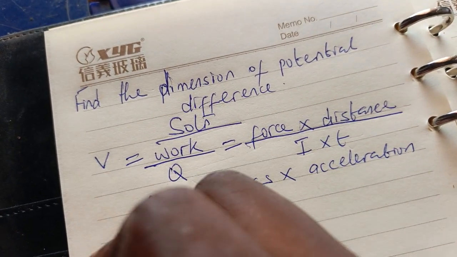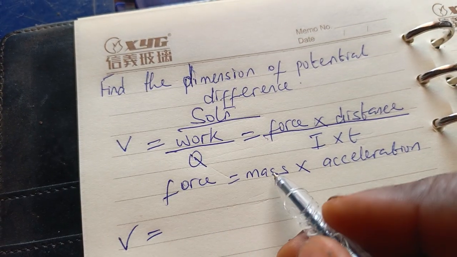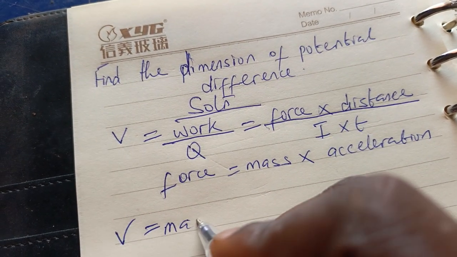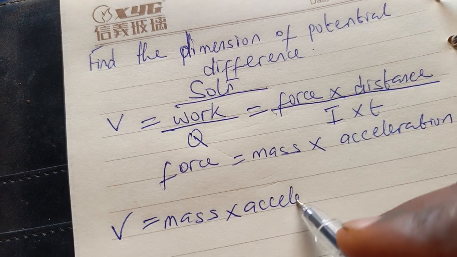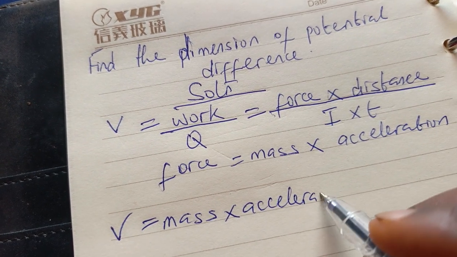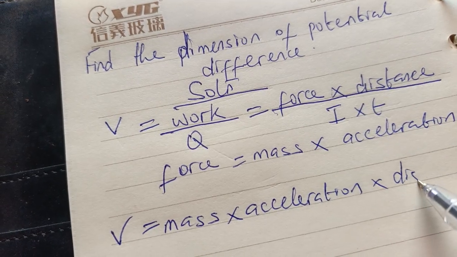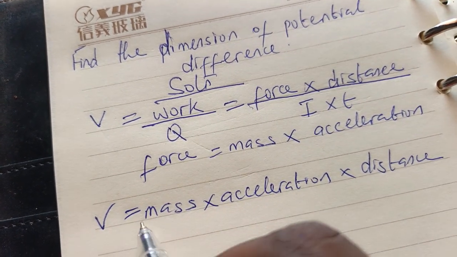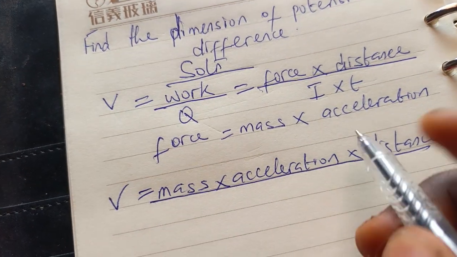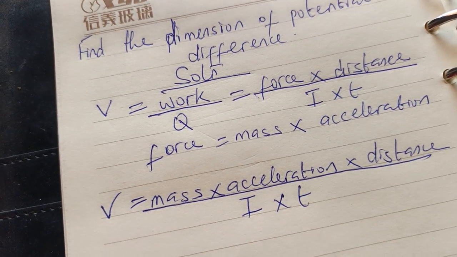So potential difference will now give me mass times acceleration times distance, right? Divided by current times time.